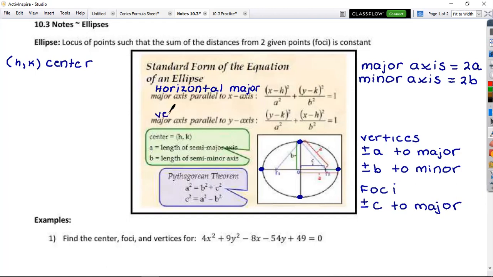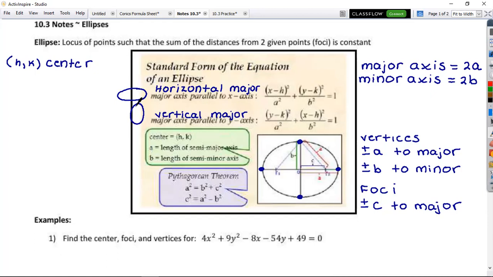So this one is my vertical major. And again, if you are a picture person, the horizontal major looks kind of like this. The vertical major looks more like that.